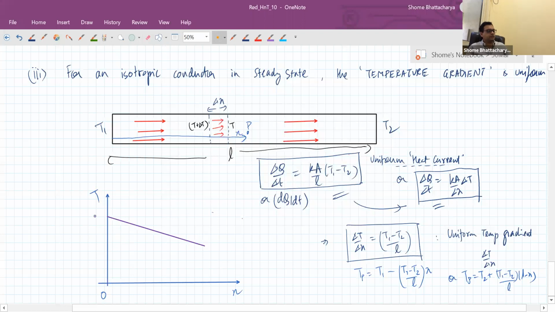So if at x equal to 0, the temperature is T1, and at x equal to L, the temperature is T2, then at any other point in between, some general point x, you can just see it from the slope.